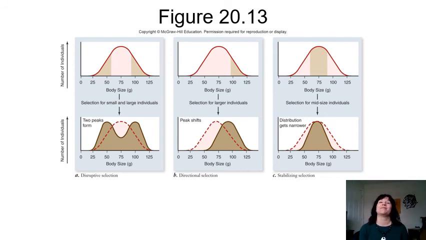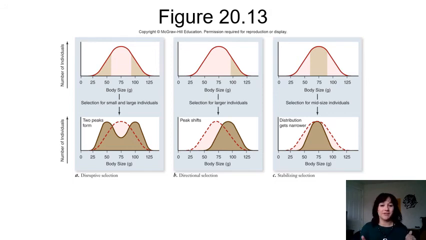And I'm trying to think of an example in which that would be good, and I really can't think of it, but say you have this extreme environment where being really small allows you to hide easier from predators, or if you're really large, you can just beat up your predators, right? So being average in this environment is not helpful. You either want to be really big to fight predators and survive, or you want to be really small so you can hide in nooks and crannies and not get eaten.